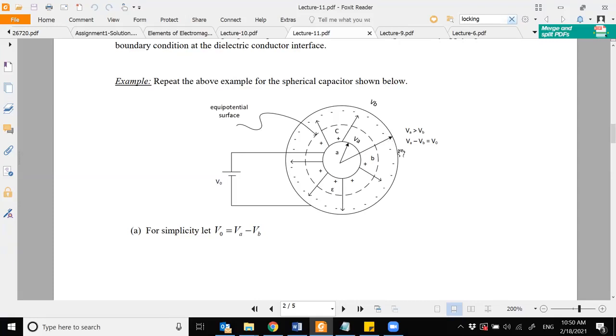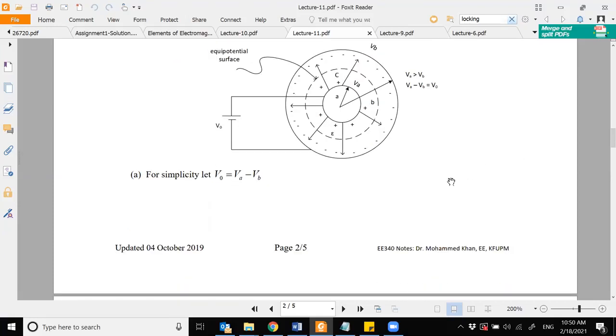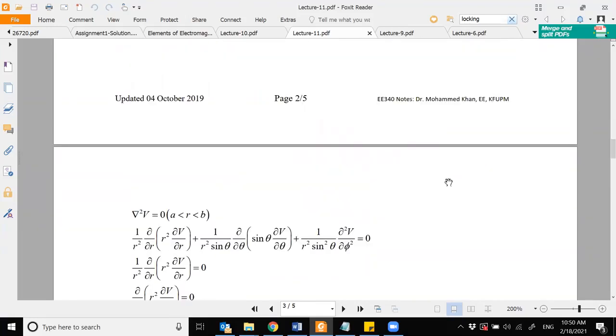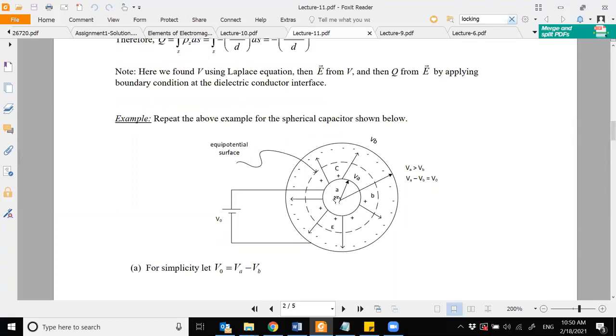And we need to find the potential expression anywhere in this dielectric region whose permittivity is epsilon, and also the electric field. Okay, so just give me a minute. How can you do this?